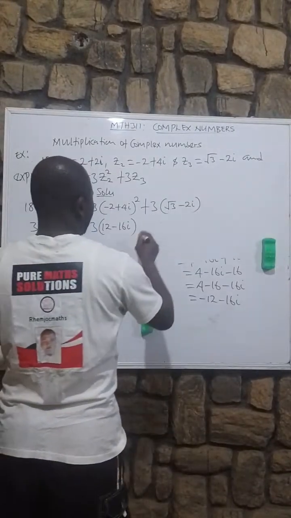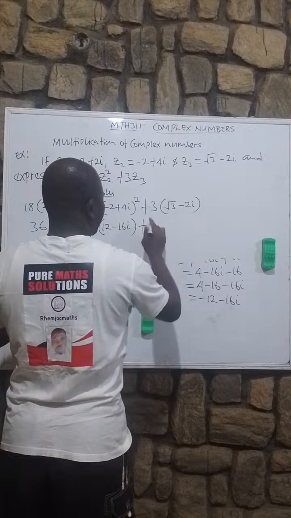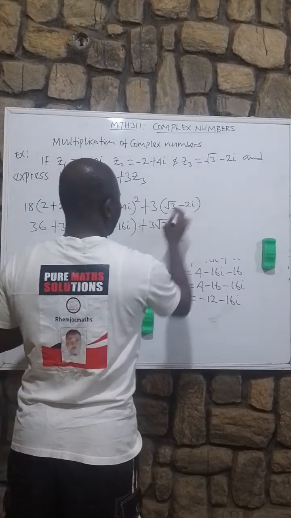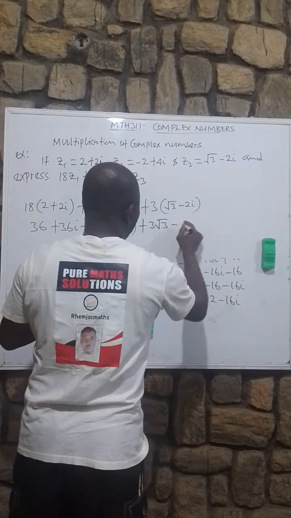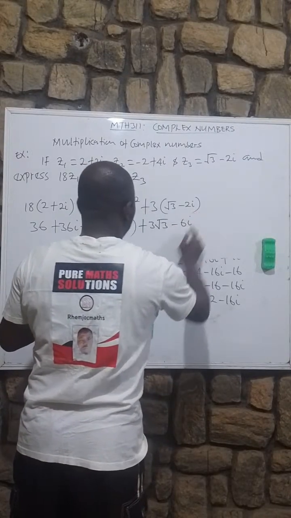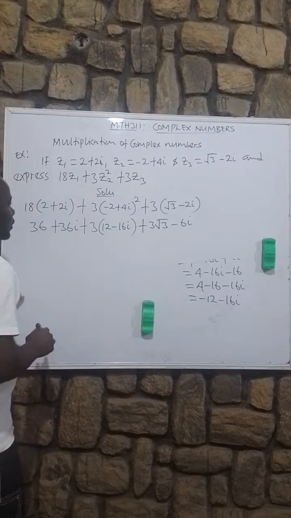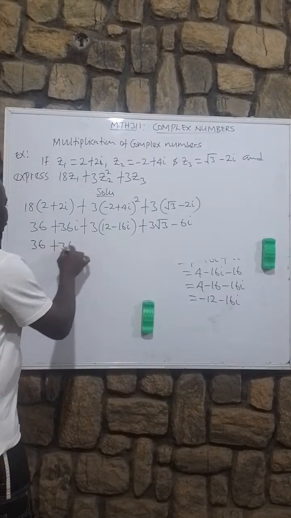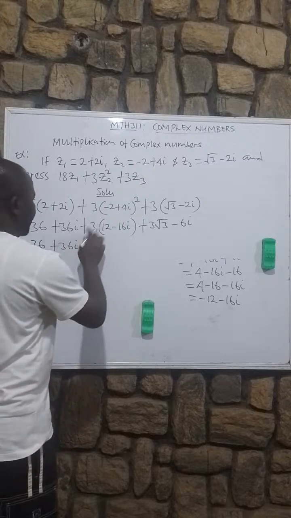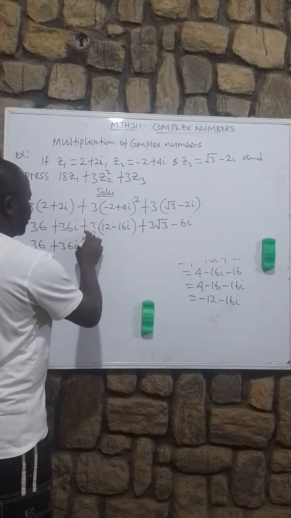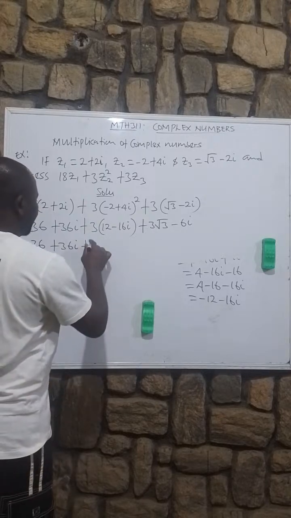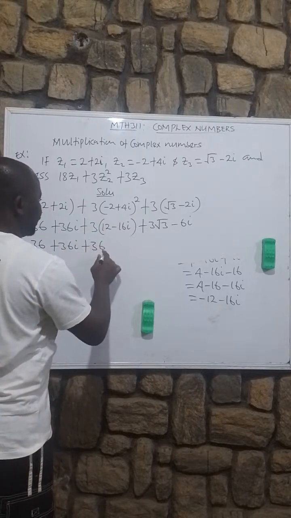So here, open this bracket, you have 3 root 3. This times this, you are going to have minus 6i, right? So there will be 36 plus 36i. 3 times 12, what you're supposed to have is 36, right?